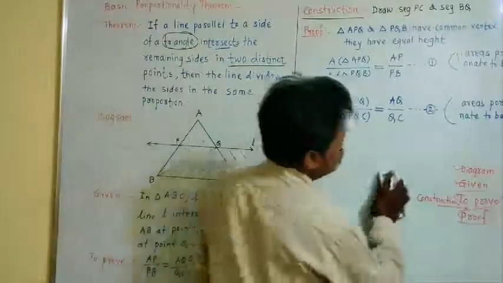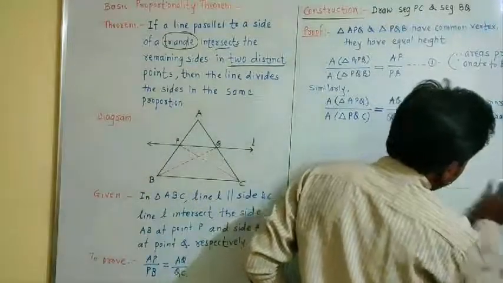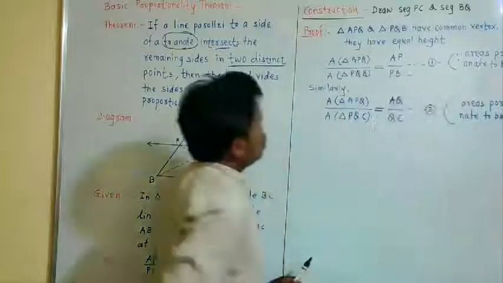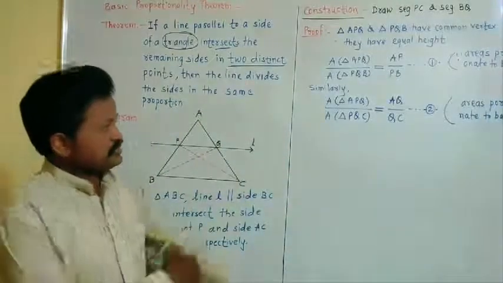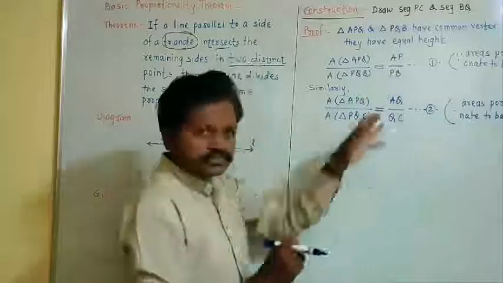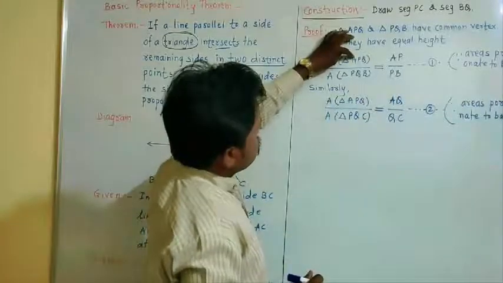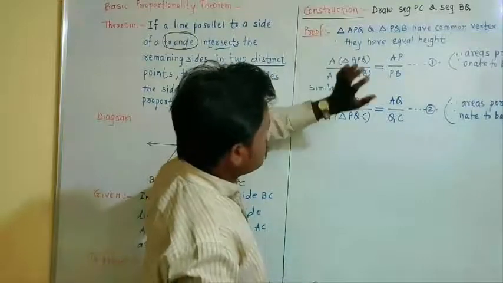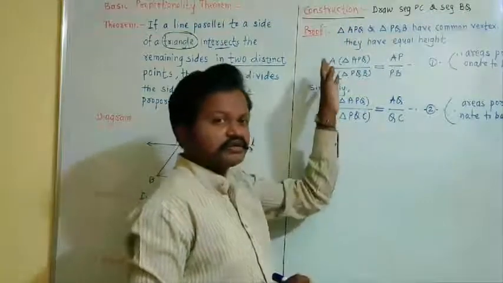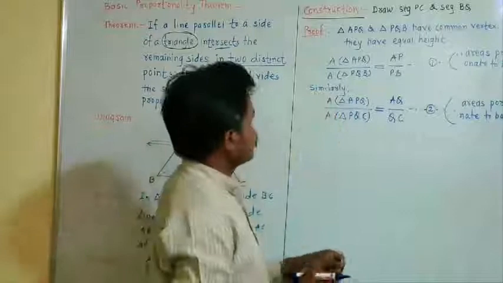Now observe these two statements. The area of triangle APQ is the numerator in both ratios, so the numerators are the same.